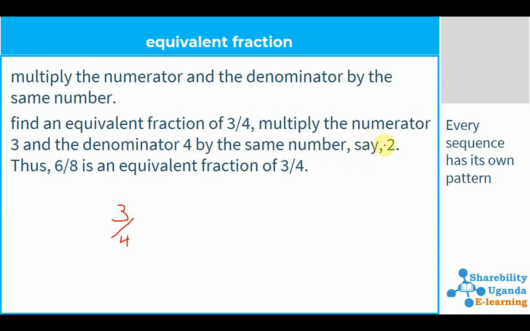Let's take an example of 2. We multiply the numerator and the denominator by 2. What is 3 times 2? We get 6. What is 4 times 2? We get 8.